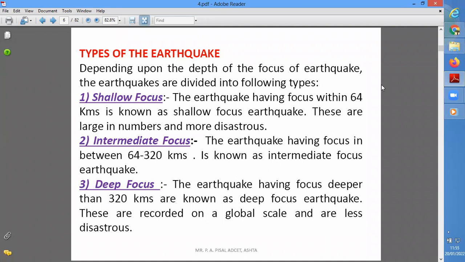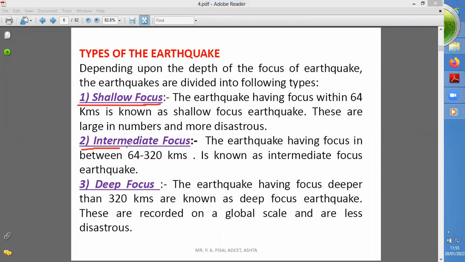So the first type is the shallow focus earthquake. The second type is the intermediate focus earthquake, and the third type is the deep focus earthquake.